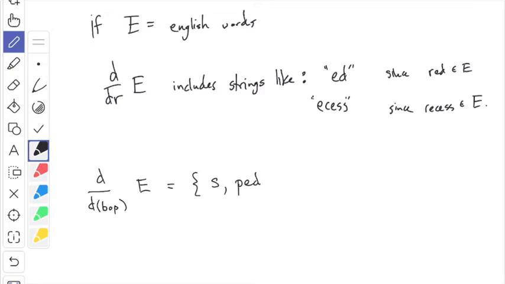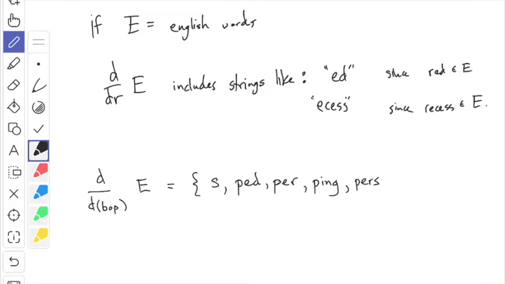So when I went through my list of English words, this is what I found. We also get per, because bopper is a word in my list. We also get, anyone think of another one? Ping, and, oh, of course, pers, right?